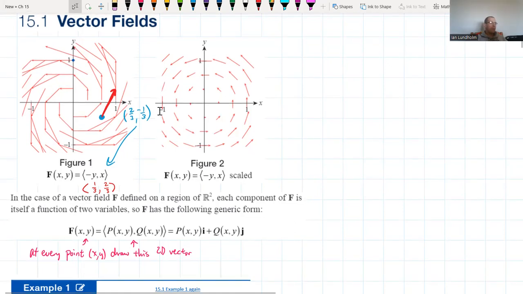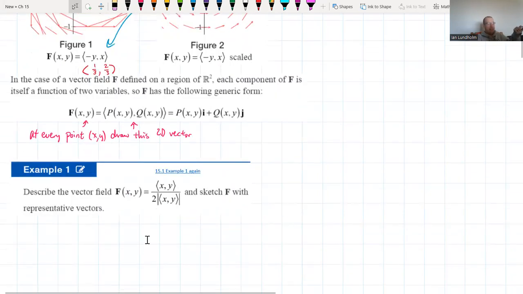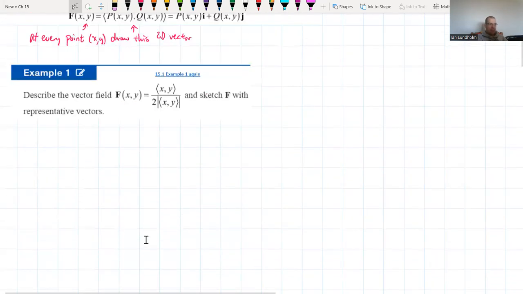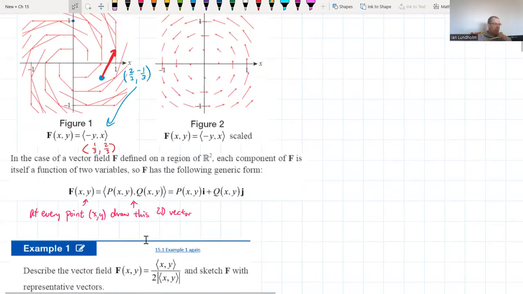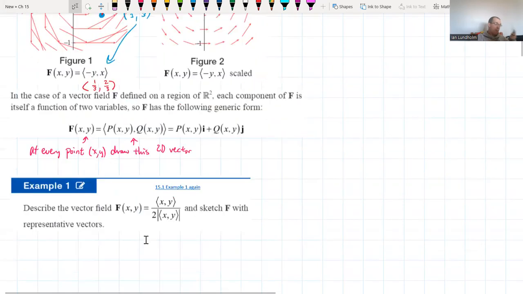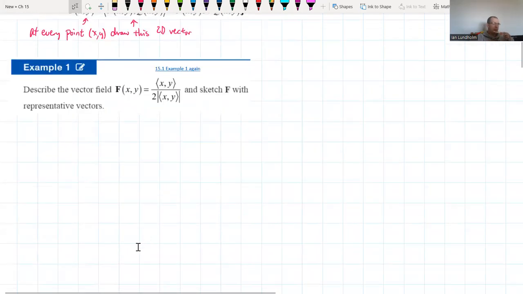Cool. So introduction to, okay, vector fields exist. Let's take a look at some examples. Because vector fields show up in a lot of different places, we're going to look at some examples soon.